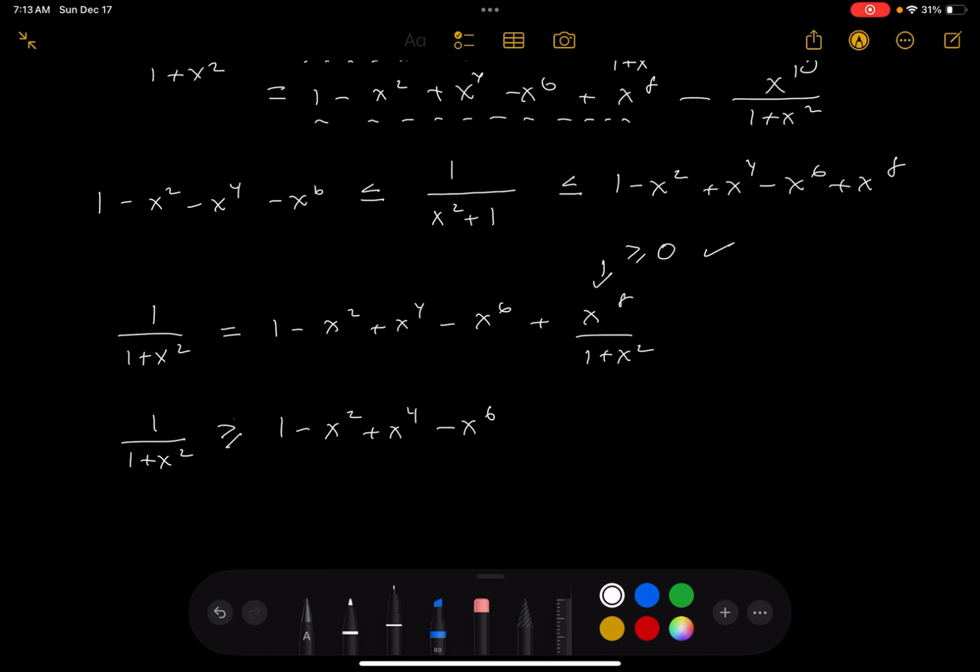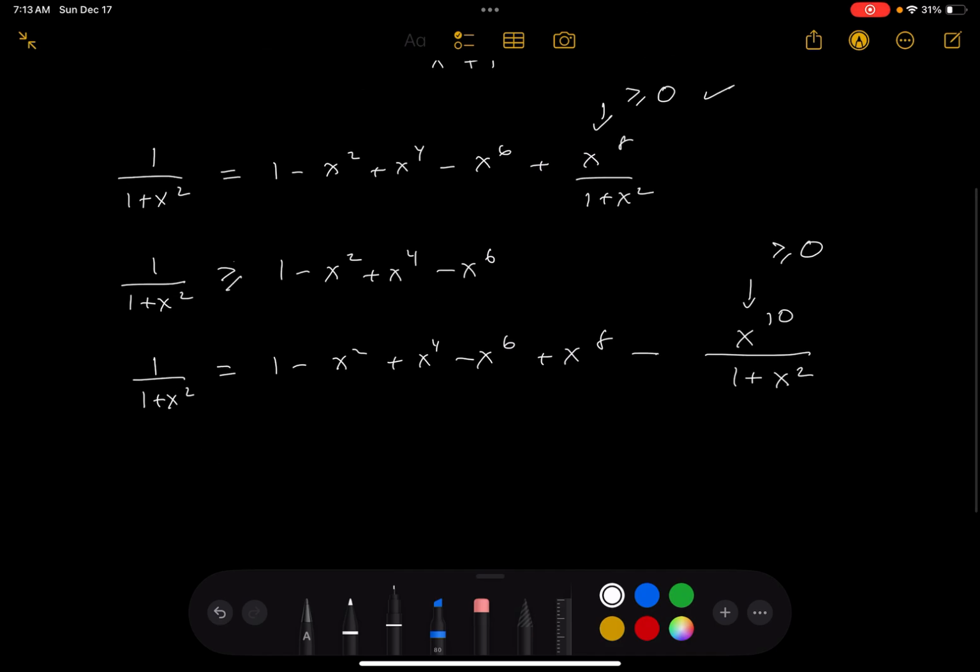Now what do I got? I have 1 over 1 plus x squared is equal to 1 minus x squared plus x to the 4th minus x to the 6th plus x to the 8th minus x to the 10th over 1 plus x squared. Now again, what do I know about this term over here? I still know it's greater than or equal to 0.